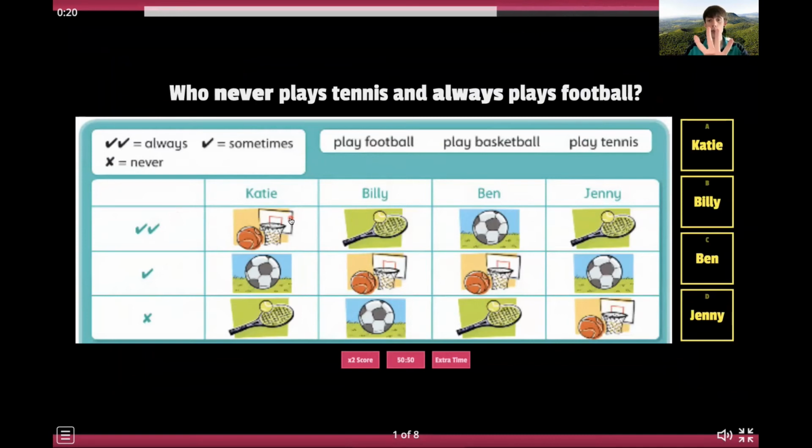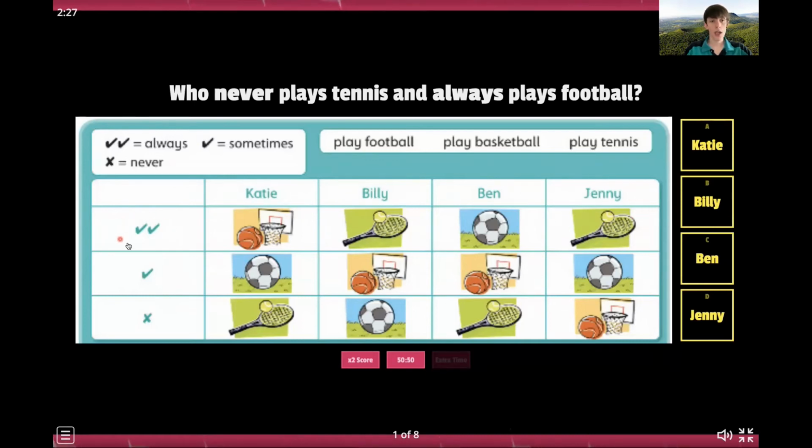There are 4 people. Katie, Billy, Ben, and Jenny. When you have 2 ticks, it means always. They always play something. When there is 1 tick, that means sometimes. And when there's a cross, it means never.